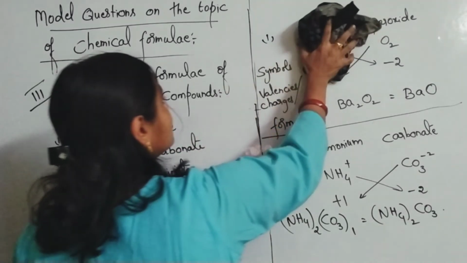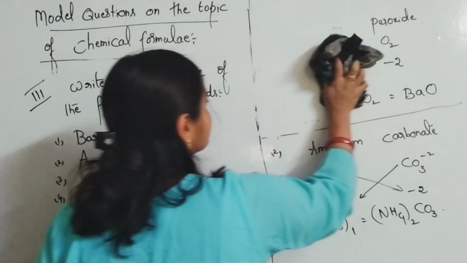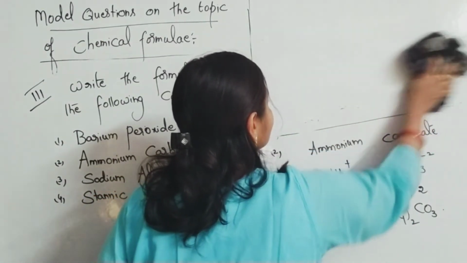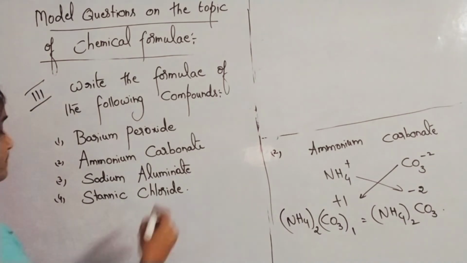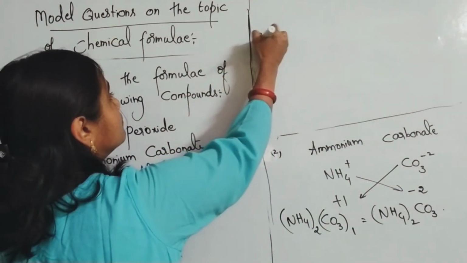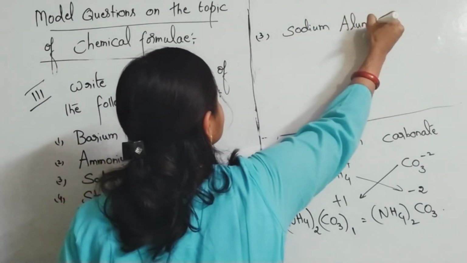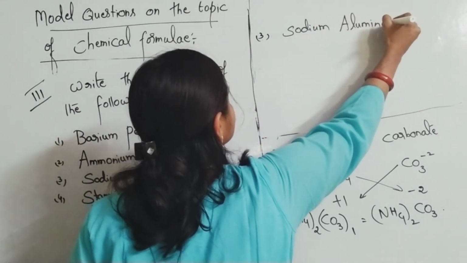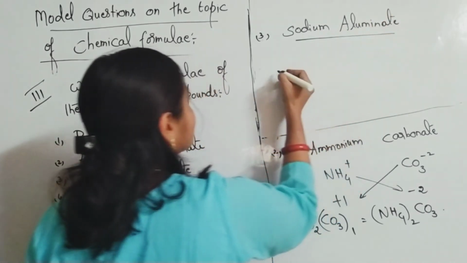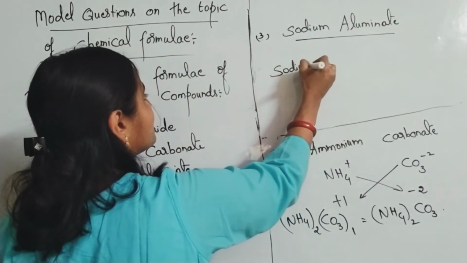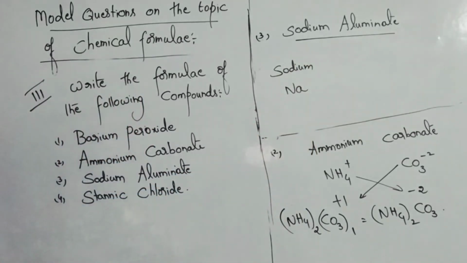What is the name? Third one, what is given? Sodium aluminate. Okay, now sodium aluminate. Sodium symbol is what? Na. Aluminate ion is AlO3 -3. Please remember this, aluminate.